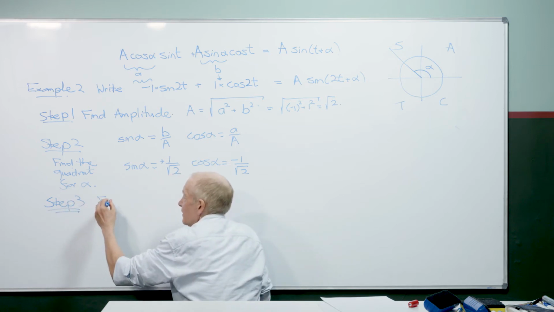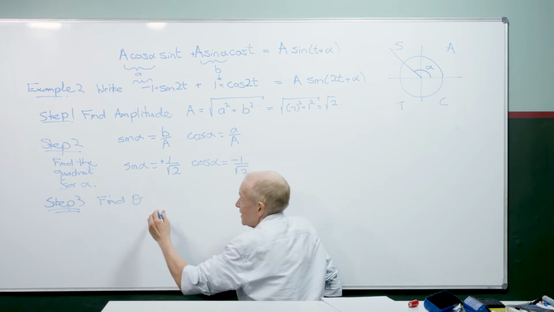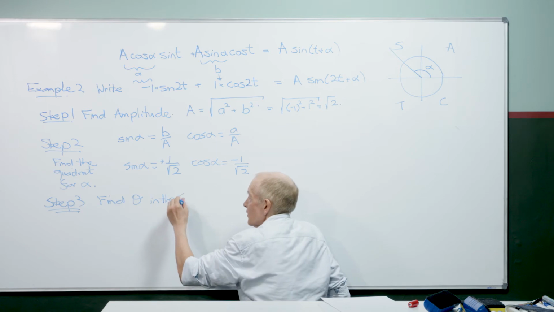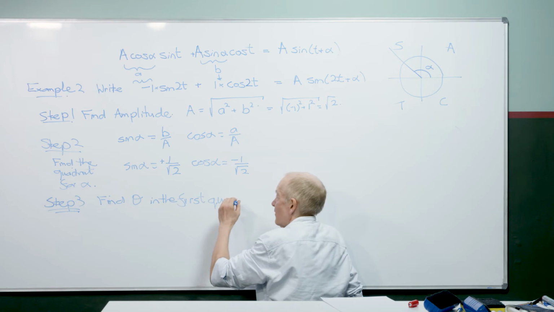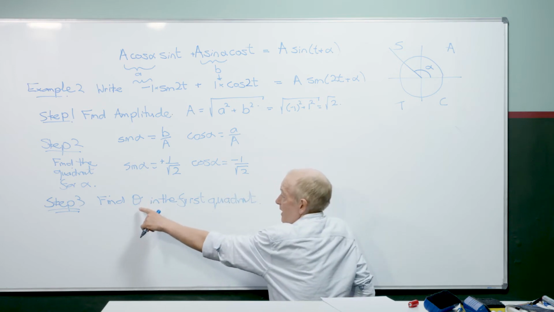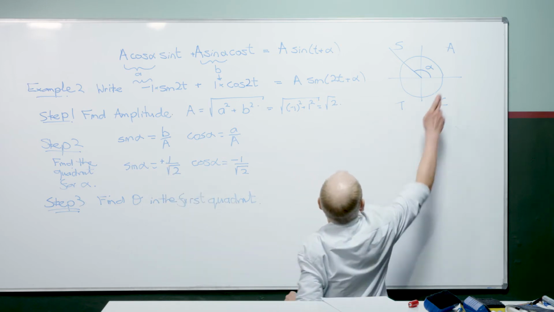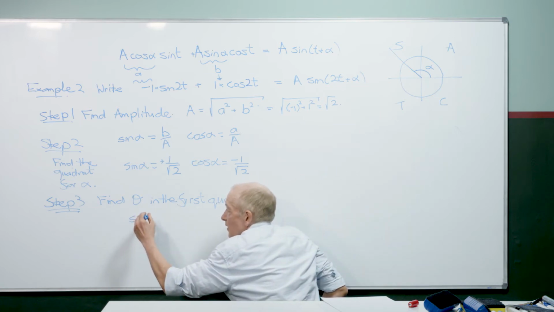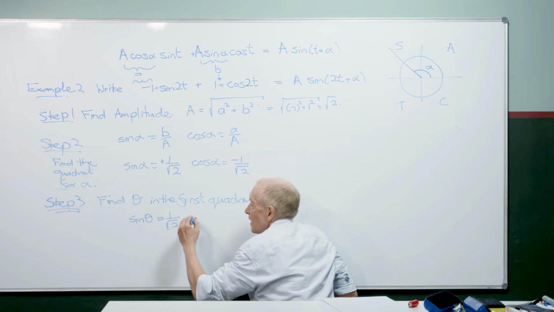Okay, so step 3 is to find theta, which corresponds to alpha, except it's in the first quadrant. So if the angle's in the first quadrant, both sine and cos are both positive up here. So we know that sine of theta, if it was in the first quadrant, is 1 on root 2.